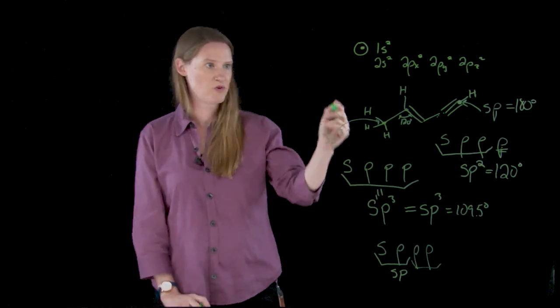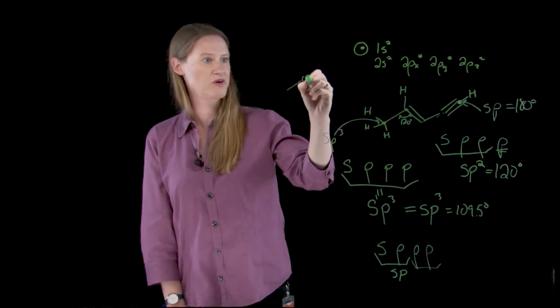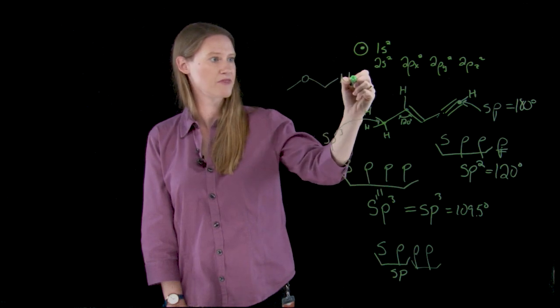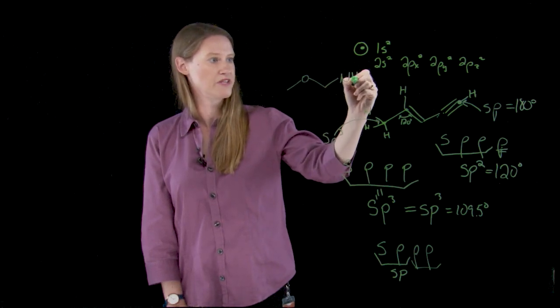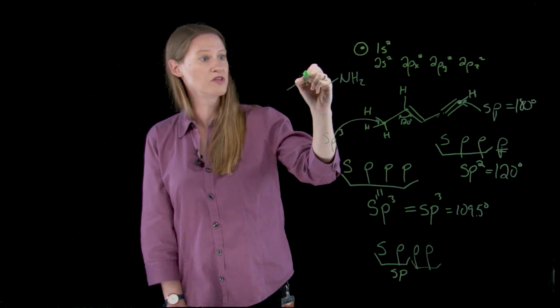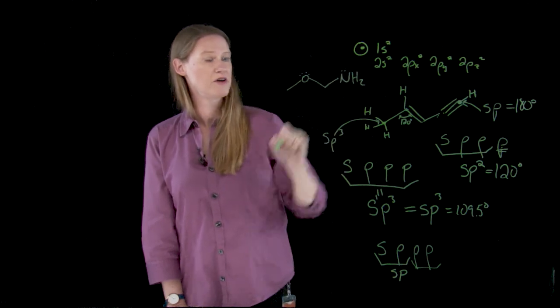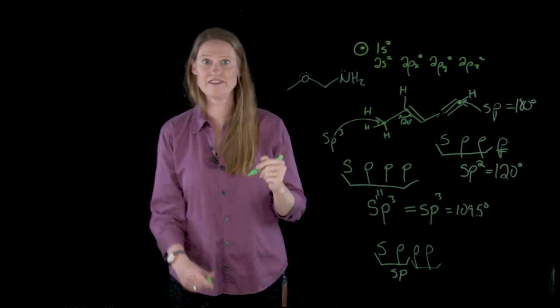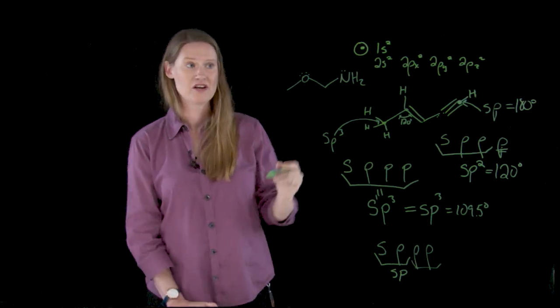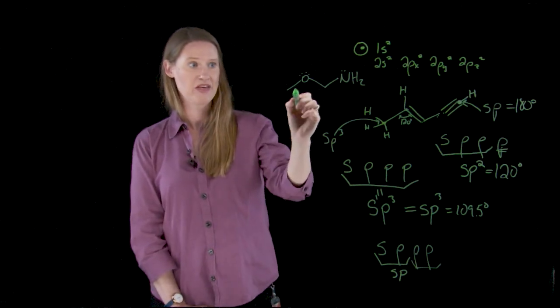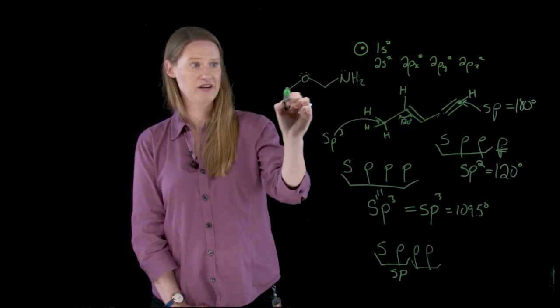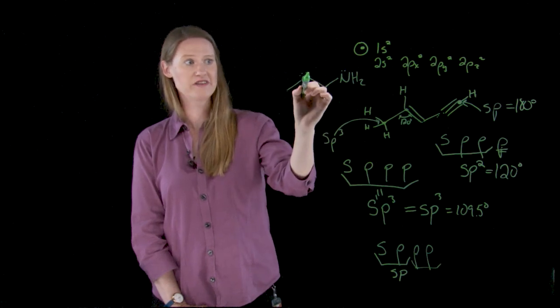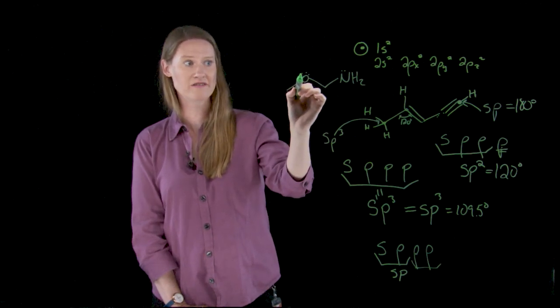The other thing I wanted to point out, if I just give us another quick example, we'll do NH2, is what to do with lone pairs. Because lone pairs are going to count as if there's something attached. So if we look at this oxygen, it has 2 things attached, 2 carbons, but it also has 2 sets of lone pairs.